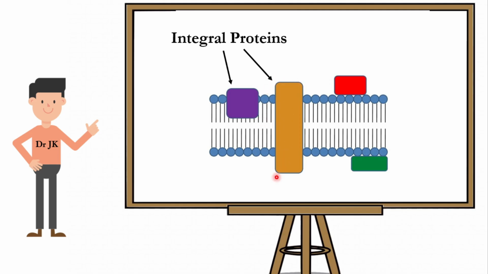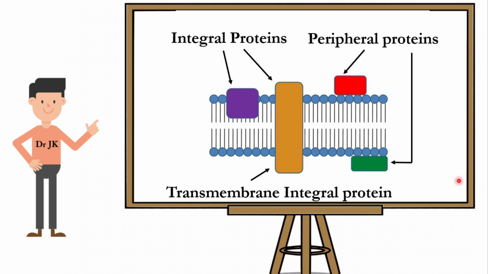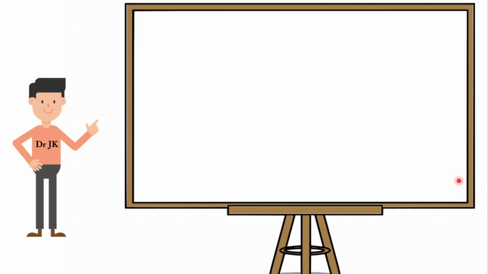If it crosses the entire cell membrane, they are called transmembrane integral proteins. Whereas proteins that are present on the periphery, either on the ECF or ICF, they are called peripheral proteins. And these proteins are anchored by special receptors called GPI receptors.